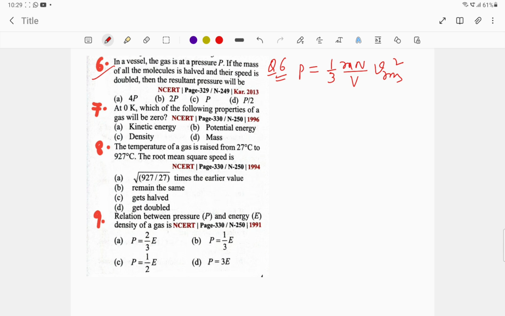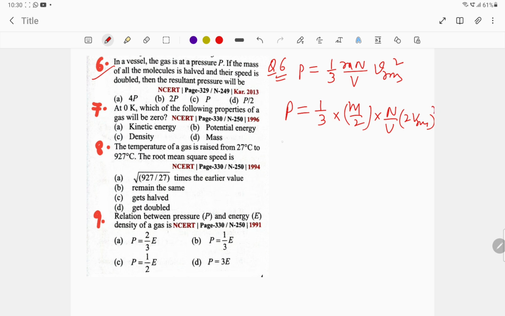When the mass is halved and the speed is doubled, then the resultant pressure P is equal to 1 upon 3 into mass halved, this is m by 2, into N by V into 2 v rms squared.